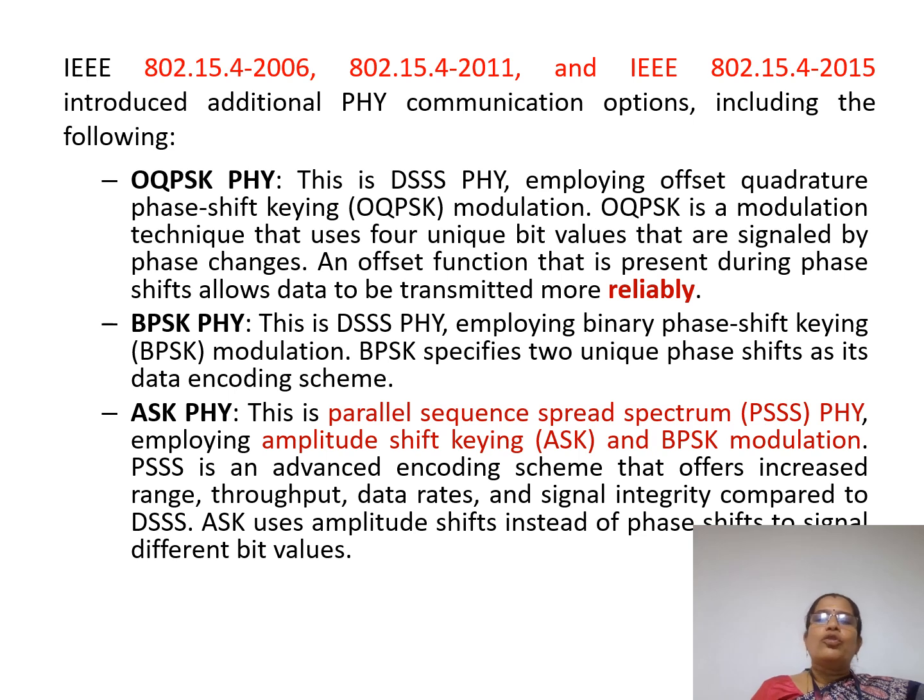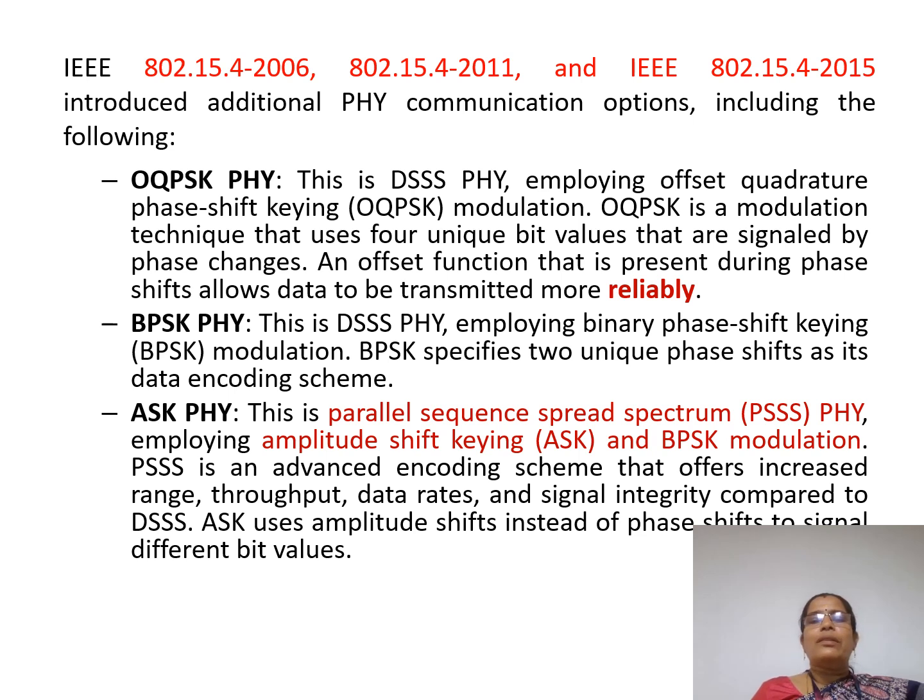IEEE 802.15.4 in 2006, 2011 and 2015 also introduced physical communication options. We can also use OQPSK, offset quadrature phase shift keying modulation, a modulation technique that uses 4 unique bit values signaled by phase changes. An offset function presented during the phase shift allows data to be transmitted more reliably. BPSK is also used for the physical layer.